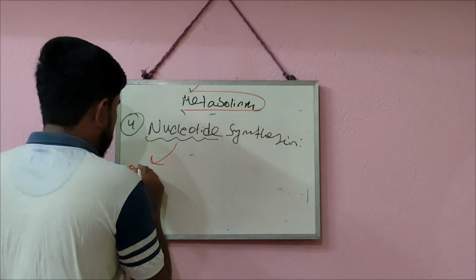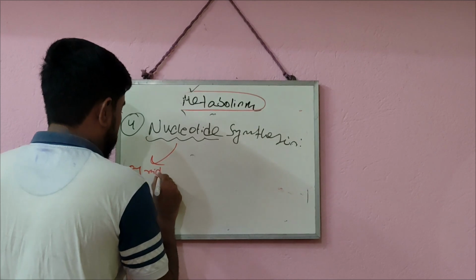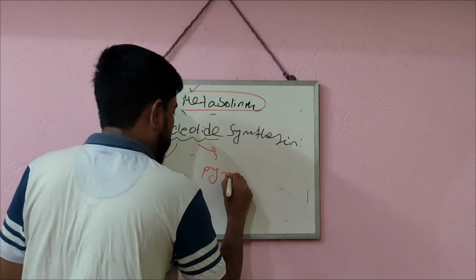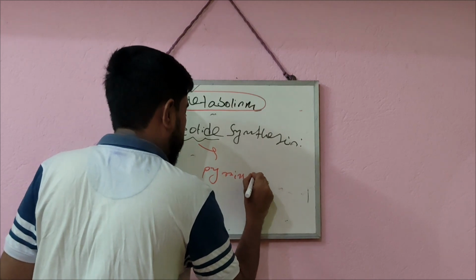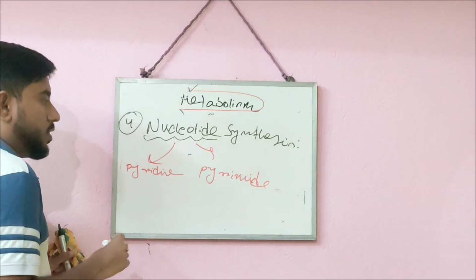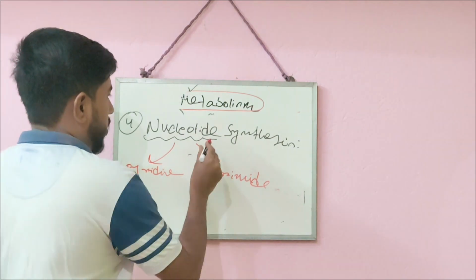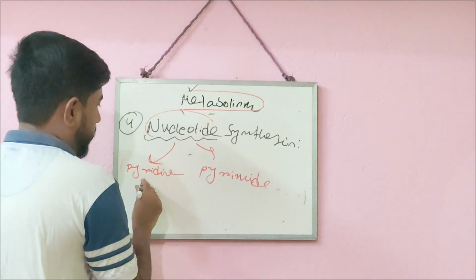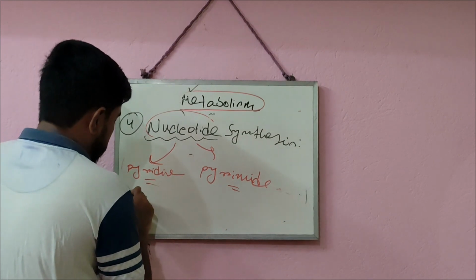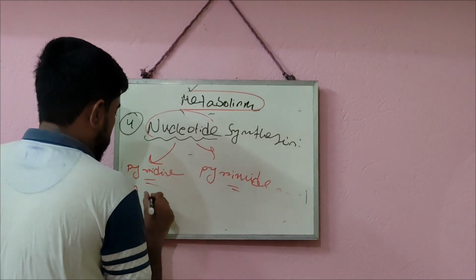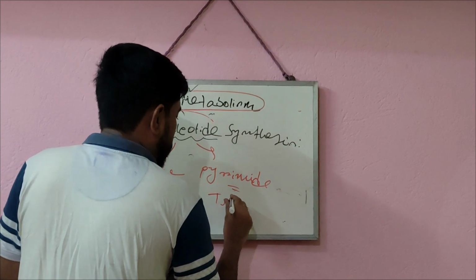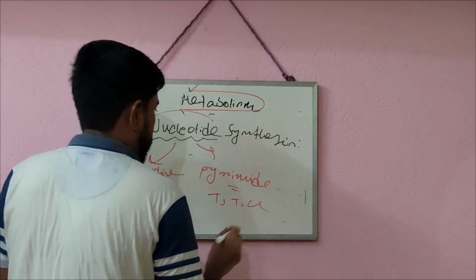It is purine and pyrimidine, which we have already studied in biology when we discussed DNA, RNA, everything. In that, two types of nitrogen bases were there: one is purine, the second is pyrimidine. In purine there are adenine and guanine. In pyrimidine there are cytosine, thymine, and uracil.